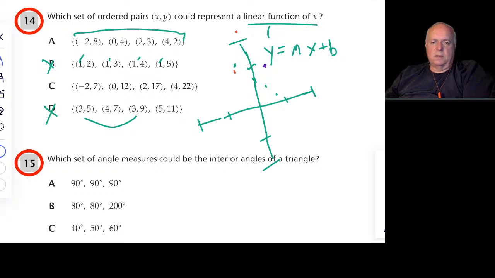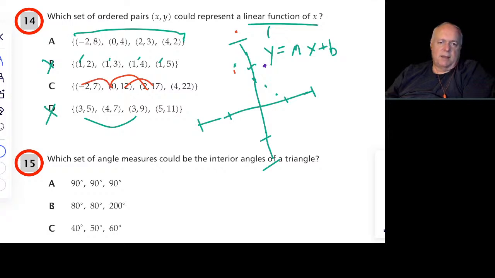And then 4, 22 is going to be also all the way up there. By the way, we can almost see here on C that for every 2 here, this went up 5. So between -2 and 0 is 2. So what happens is they both look like a line.